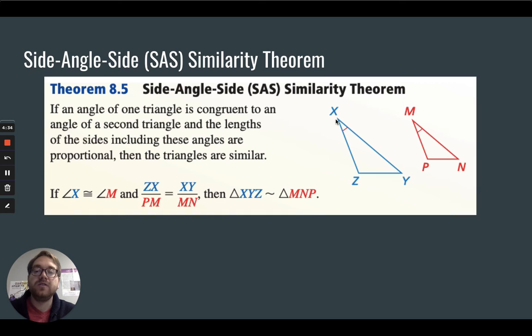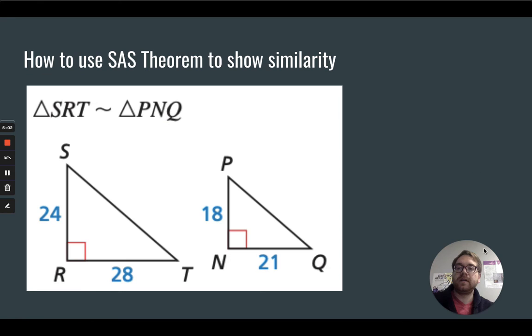You need to look at the sides that are including these angles. We're not going to look at ZY or PN because those aren't a part of this angle. So you need to make sure you're looking at side, angle, side.